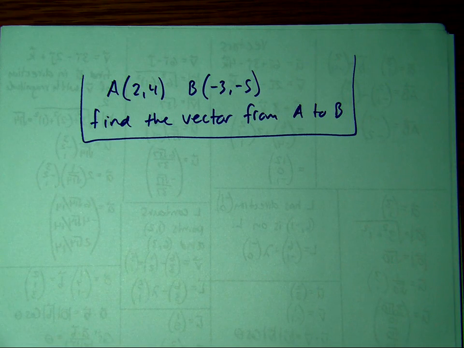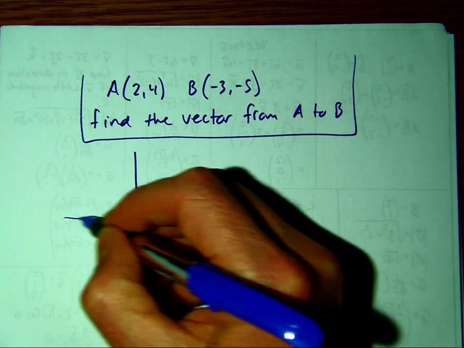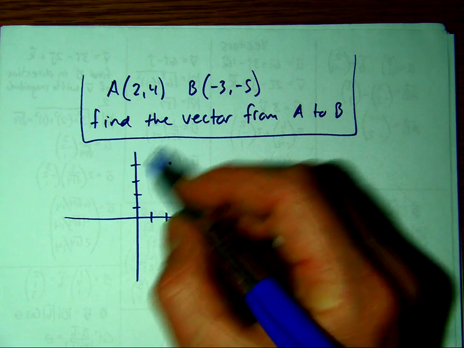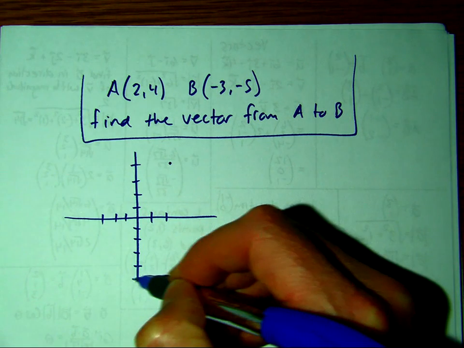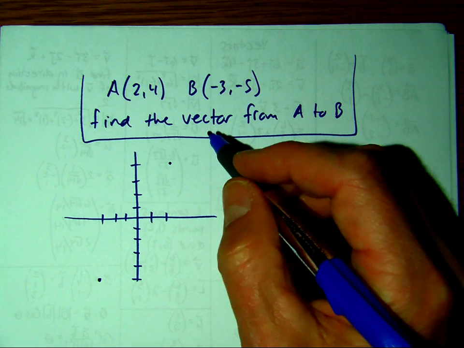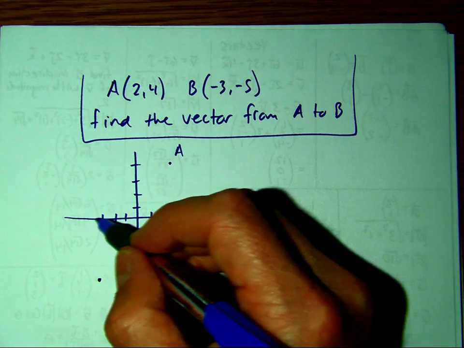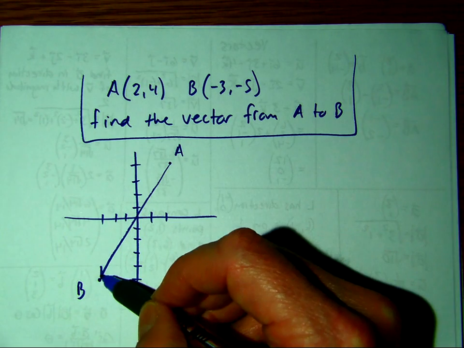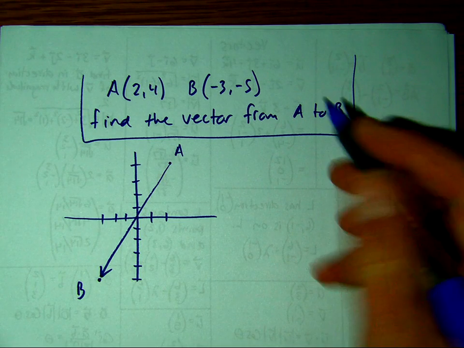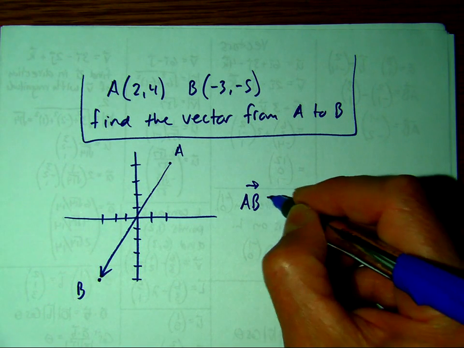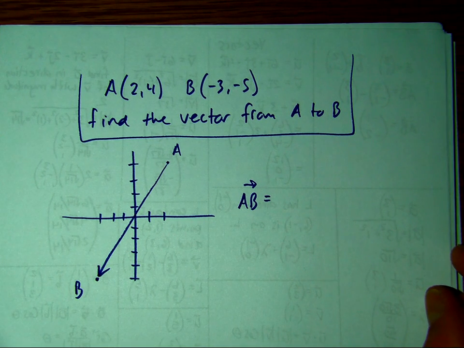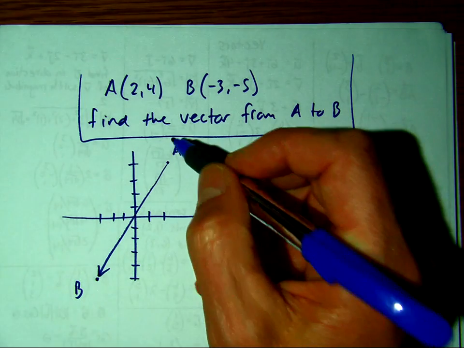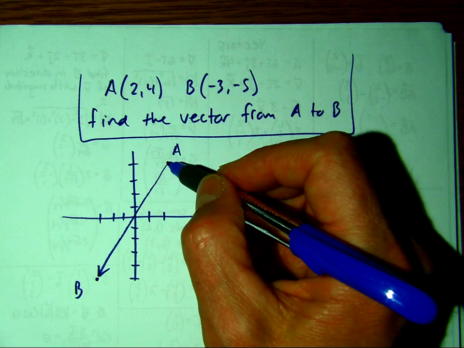All right, so here, let's start with the points. 2, 4 is A, -3, -5 is B, and we want to go from A to B. We want to represent or find out what that vector is, and we have to look at the horizontal distance. So we're going to go from A to B.